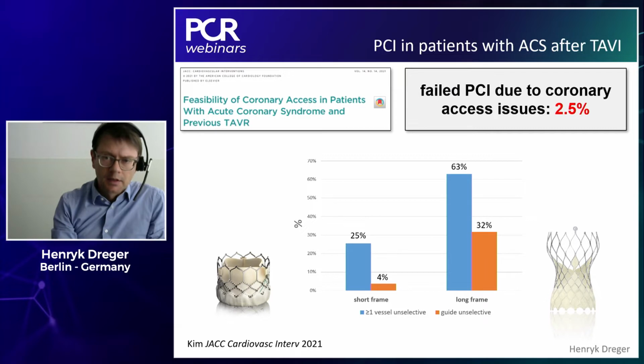So it is relevant, more than just a nuisance. In total, the failed PCI rate due to coronary access issues was about 2.5%. So again, there is some struggle, but in the end, if you want to talk about the glass half full, 79% can at least be successfully treated by PCI, even though we have some struggle with selective guide engagement.